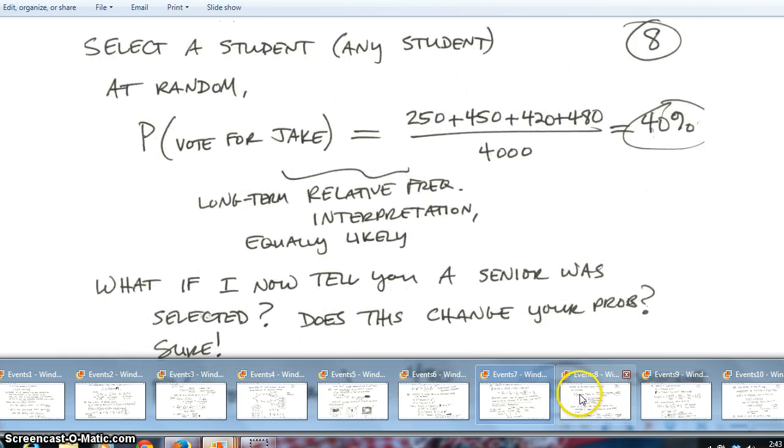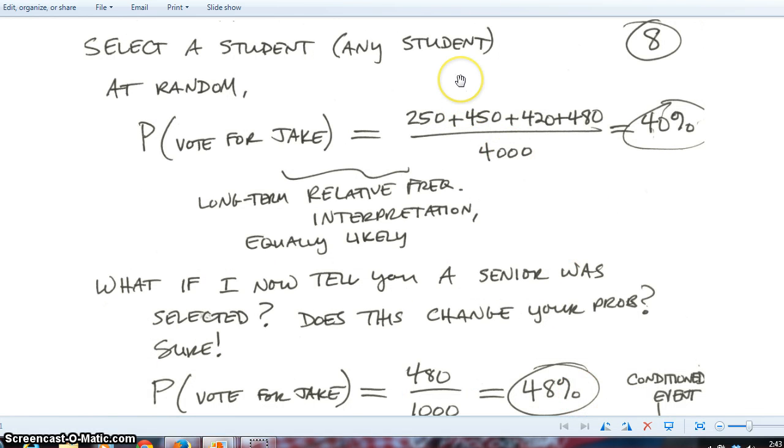So let's look a little closer at what's going on here. Let's say that we select a student, any student at random from the entire population. What's the probability that they'd vote for Jake? Well, 250 freshmen, 450 sophomores, 420 juniors, 480 seniors. Altogether that's 1,600 out of the 4,000 students. If you add those all up, you should get 1,600.